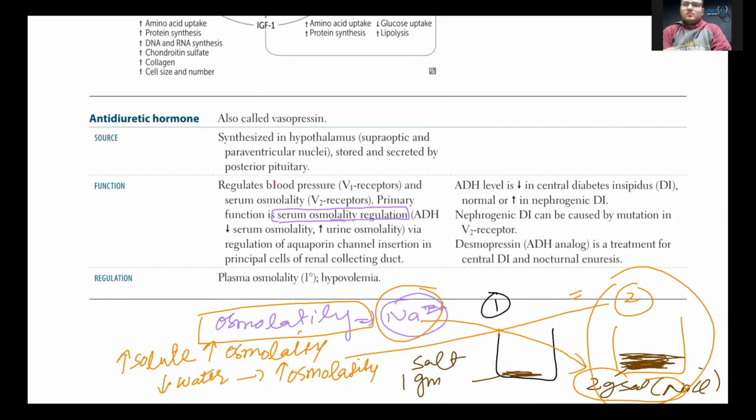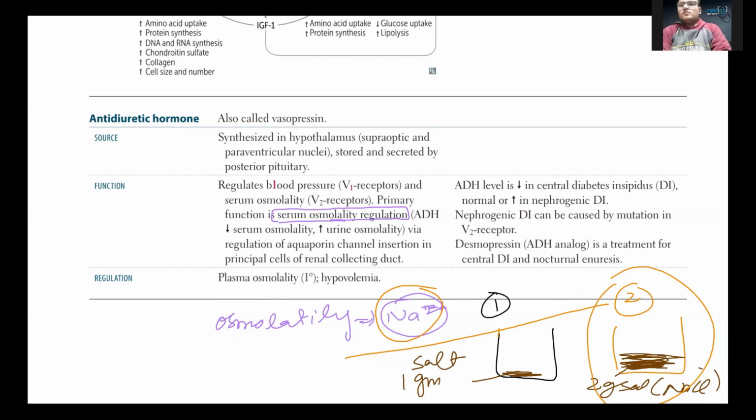Now take this same example. What will I do? I will remove 50 ml water. This is glass number 1, which has 1 gram of salt. This is glass number 2, which has 2 gram salt.